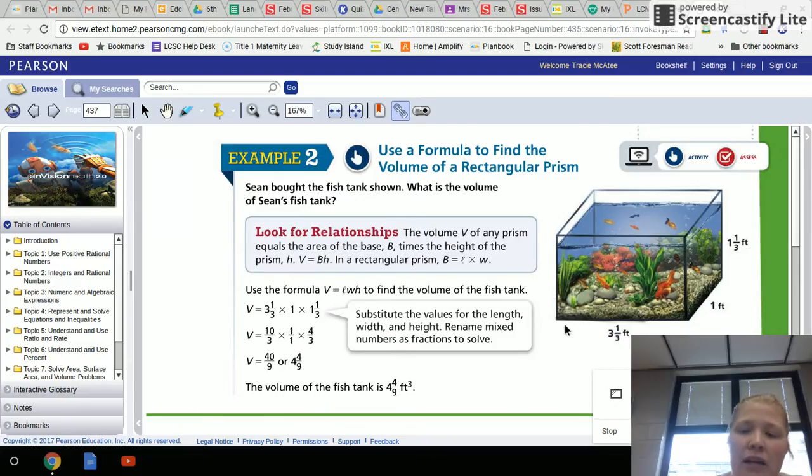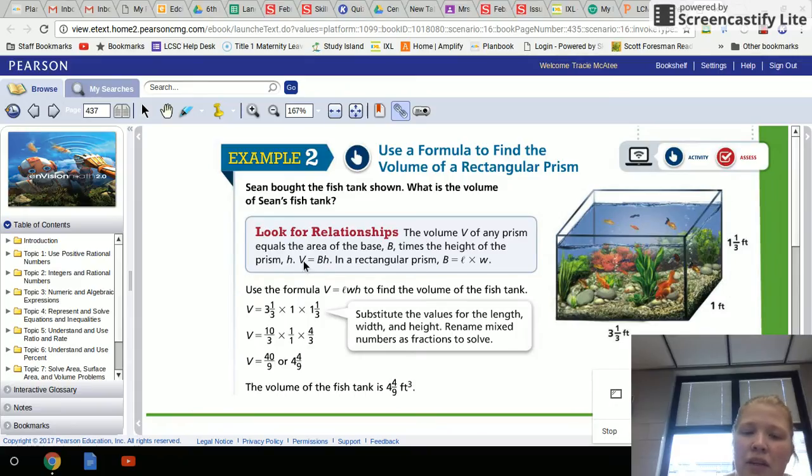All that is finding 3 1/3 feet times 1 foot. So essentially, you are finding the area of the base. You find the area of the base, and then you multiply times the height. Okay?